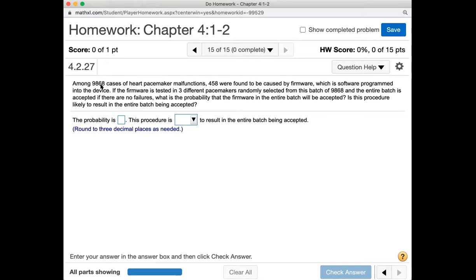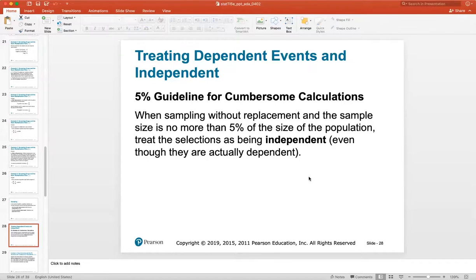Next, you should keep in mind the 5% guideline for cumbersome calculations. When sampling without replacement and the sample size is no more than 5% of the size of the population, treat the selections as being independent, even though they are actually dependent.